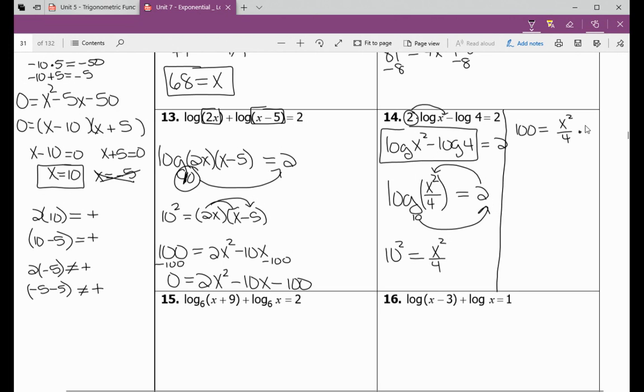So I'm going to multiply both sides by 4 to get rid of that denominator. So 4 times 100 is 400 equals x squared.